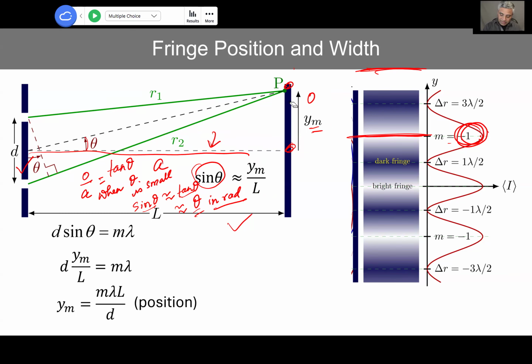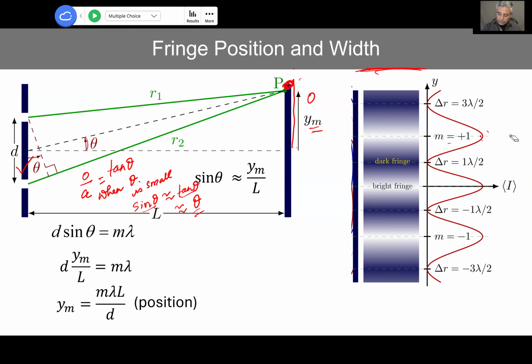So where is the bright fringe, let's say? If I want to know, then I can find that by solving for this y_m, how far it is from the center. By rearranging this, I get this equation. Okay, so it is the position. We can also find the difference in position between two, like let's say from this to that one. I can write that something like this.